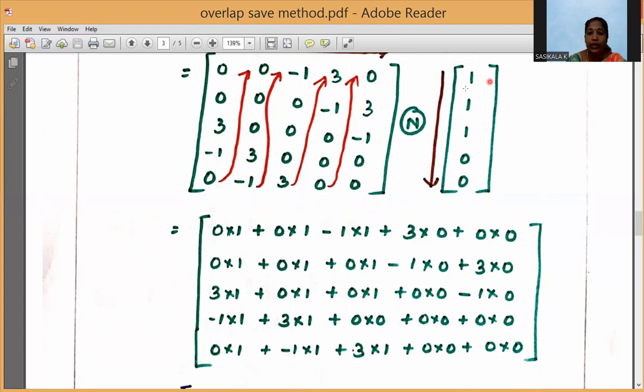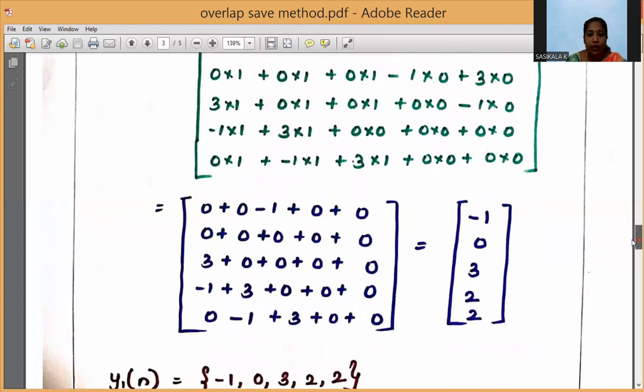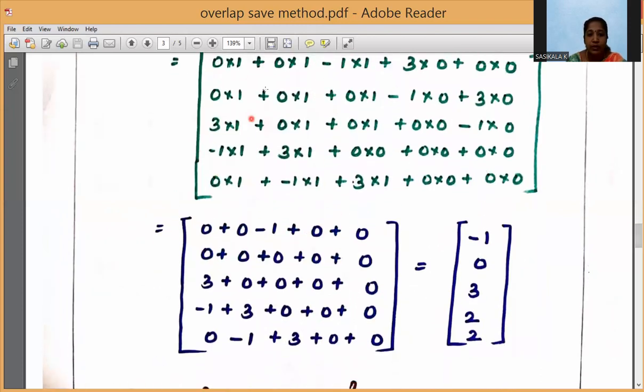And the fourth row, minus 1 into 1 plus 3 into 1 plus 0 into 1 plus 0 into 0 plus 0 into 0. Fifth row, 0 into 1 minus 1 into 1 plus 3 into 1 plus 0 into 0 plus 0 into 0. So we have got 0 plus 0 minus 1 plus 0 plus 0.